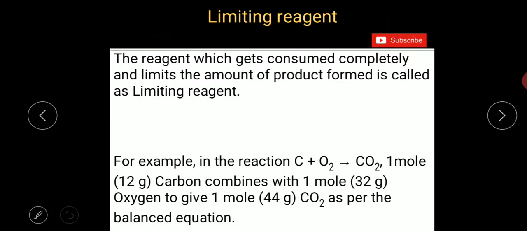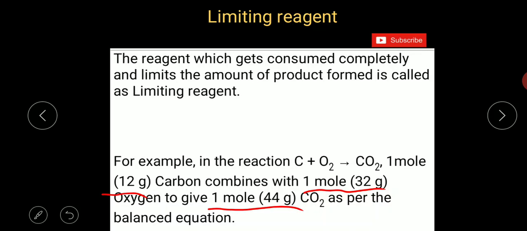For example, in the balanced equation C plus O2 gives CO2, 1 mole of carbon combines with 1 mole of oxygen to give 1 mole of carbon dioxide. Mass of 1 mole of carbon is 12 grams, 1 mole of oxygen mass is 32 grams, and 1 mole of carbon dioxide mass is 44 grams.